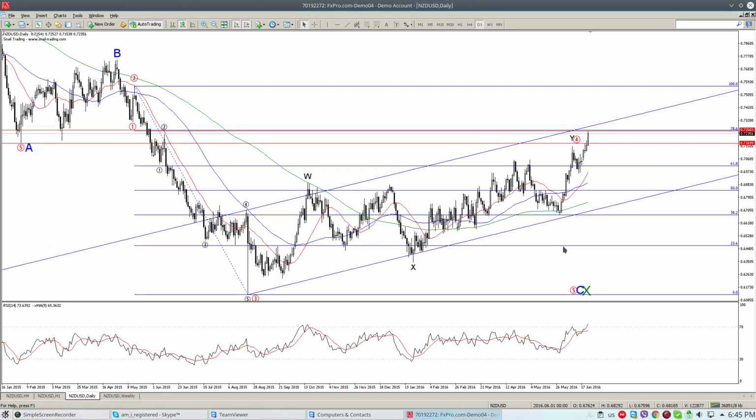But looking at the daily chart, we see that current levels are very important levels for our bullish count and our bearish count, excuse me, and we can see that wave 1 is here.